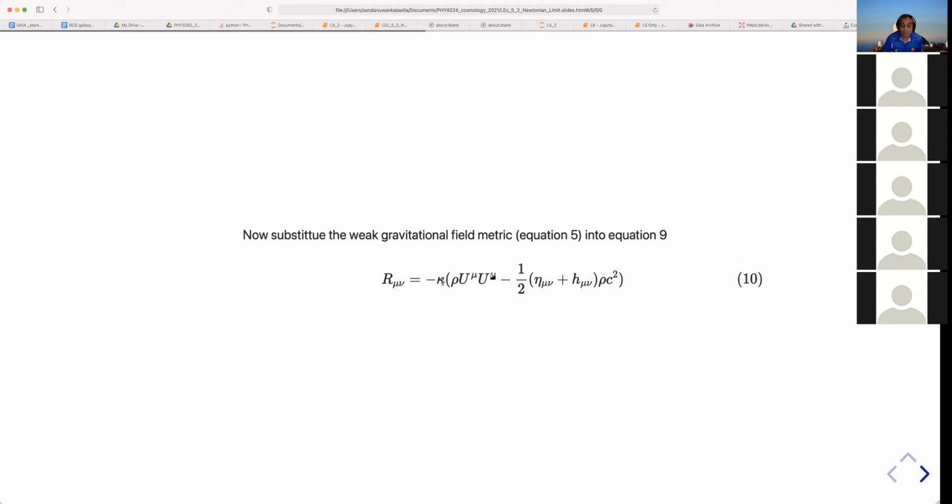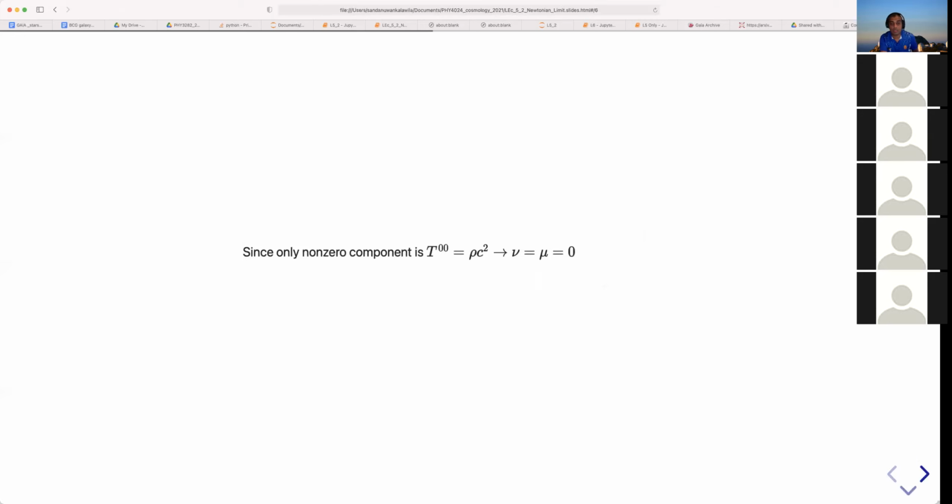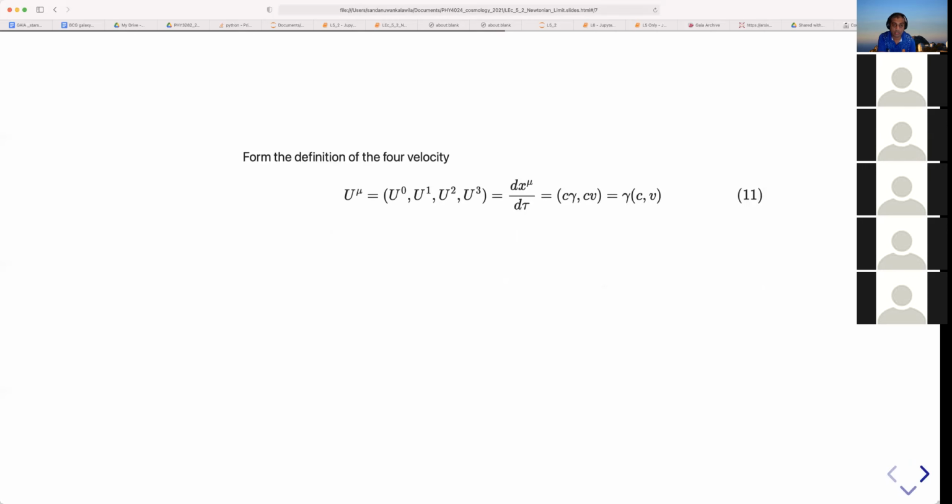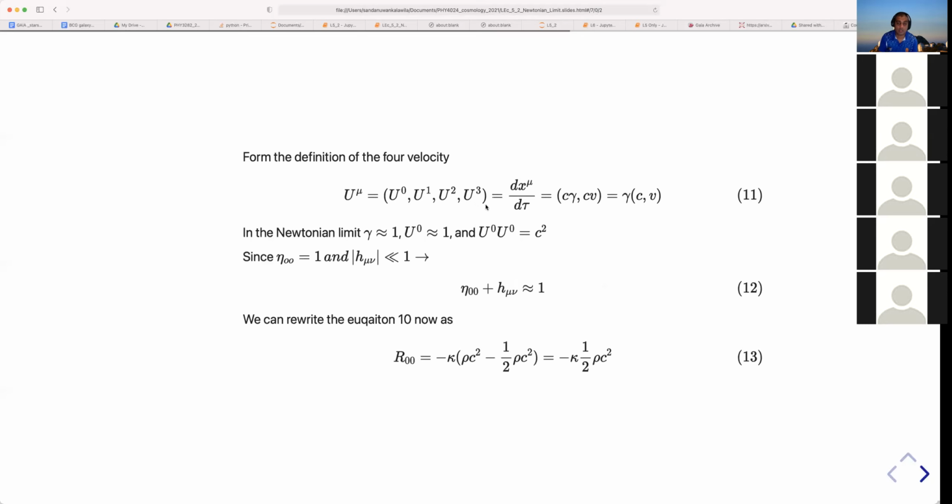And then you get minus kappa times rho C squared. And here, eta mu nu is what you have as eta 0, 0 plus this small term, and this whole thing will be equal to 1, because this term is equal to 1 when you have the R0, 0 term. That's what I have shown here. We are focusing on the R0, 0 term, and because of these two reasons, you get C squared right here.